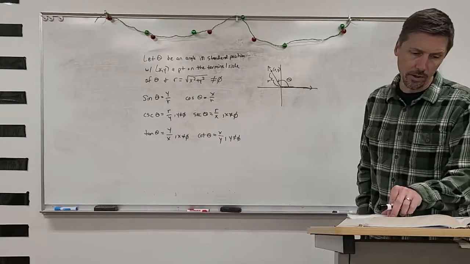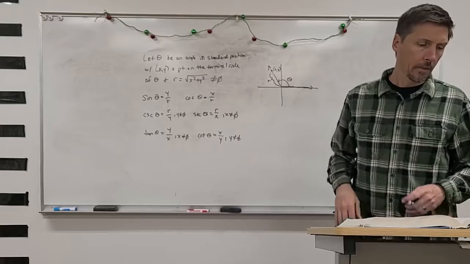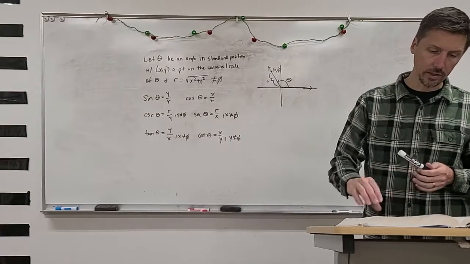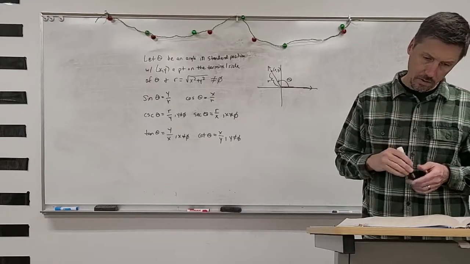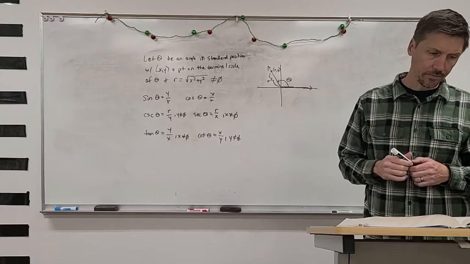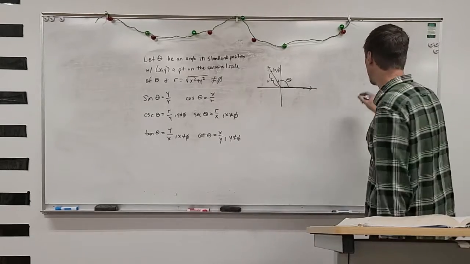So that's that one. And then the other thing is a reference angle. We need to understand what the term reference angle means. So that's the other definition that I want to give you, and this is what I talked about before.